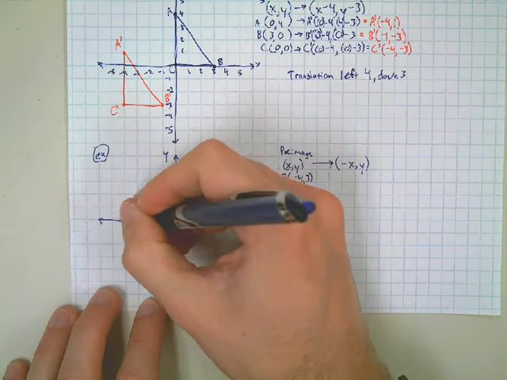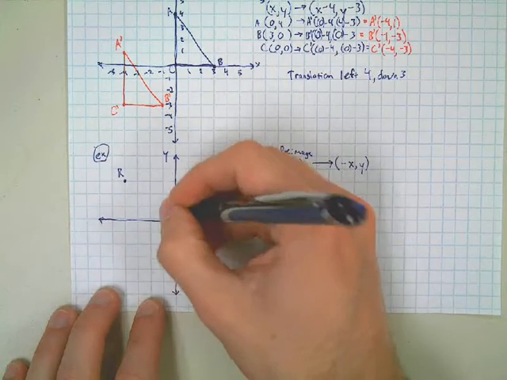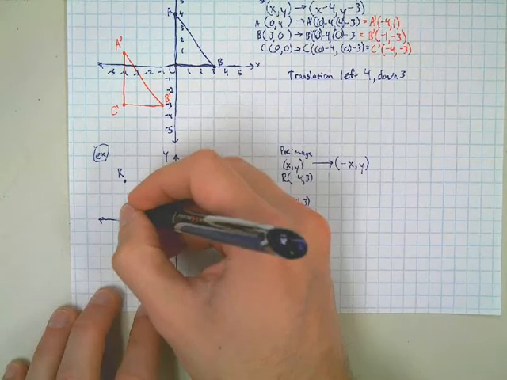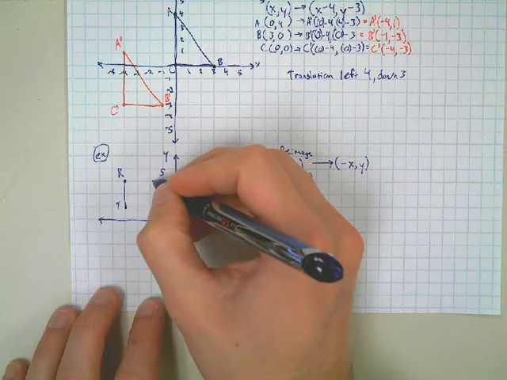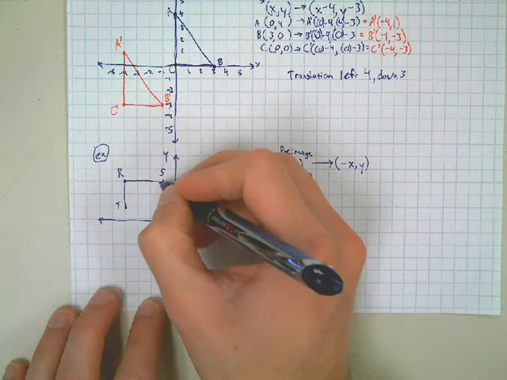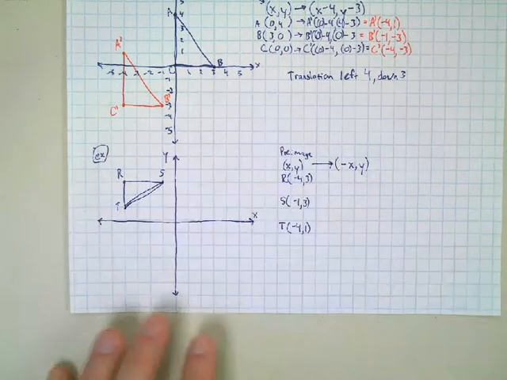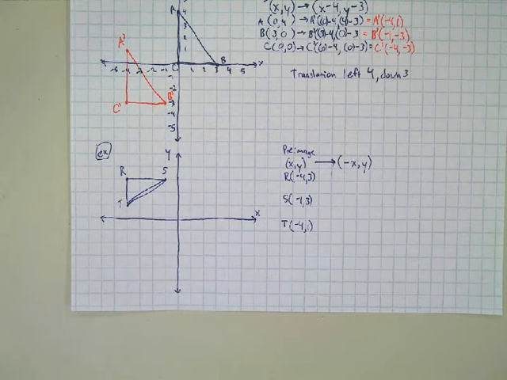I'm going to draw the originals. So there's R, S at -1, 3, and then T. So again, we have another triangle we're going to transform here.